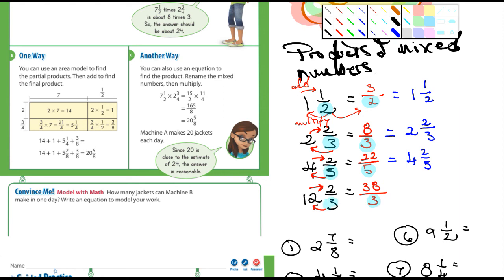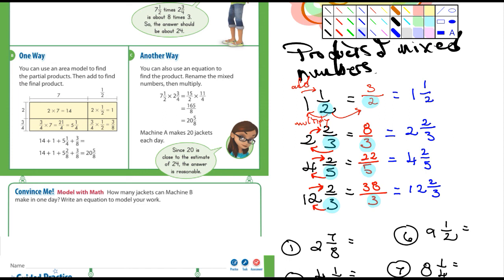Okay? So if I needed to convert that back into a mixed number, I would say to myself, well, how many times does 3 go into 38? Well, 3 times 12 is 36, so I know it would be 12. What's left over? 2, and the denominator stays the same. All right? So that's how you convert mixed numbers into improper fractions.